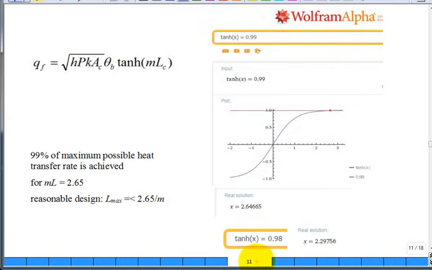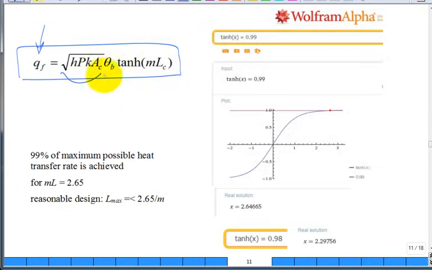Let's explore then this equation, which is for the rate of heat transfer that's going to get into the fin, which then is off of the fin into the fluid. Group of parameters, temperature difference, times hyperbolic tangent of m L sub c. I'll talk about L sub c in a second.